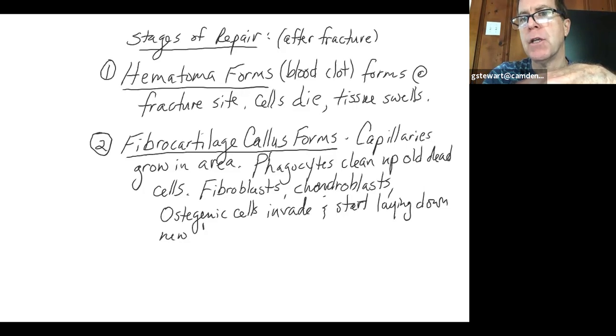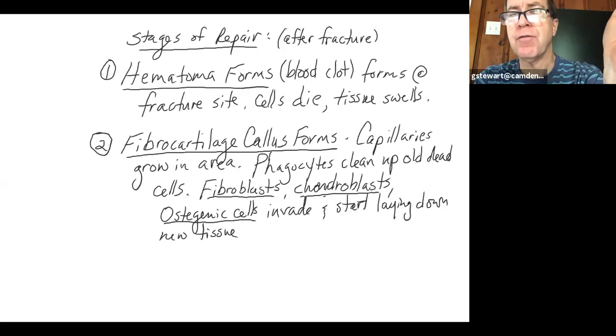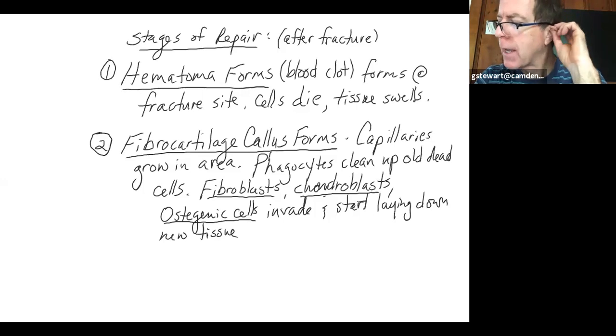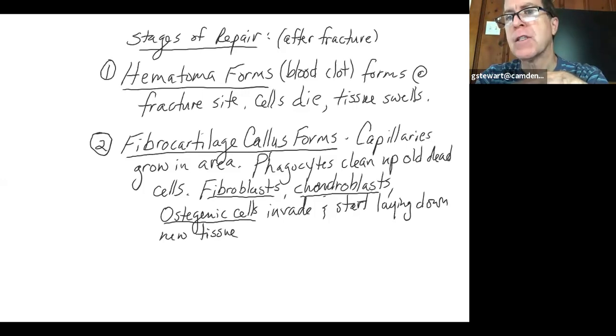I'm just going to say new tissue, because first we get fibroblasts. They're immature cells that secrete fibers. Chondroblasts are immature cartilage cells that secrete new cartilage. And finally, these osteogenic cells are stem cells that start to literally form new osteoblasts in that area. So first we get a fibrocartilaginous callus forming a splint on the broken bone.